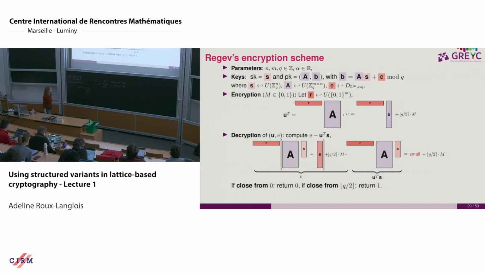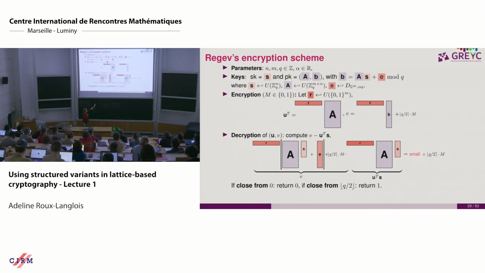And at the end, you only have something which is small, so it's R times E plus Q over 2 times M. And when I say small, I mean compared to Q. So if it's close to 0, because if the bit was 0, if M was 0, it's only the small part, there is no Q over 2 times M, I return 0. And if it's close to Q over 2, I return 1.